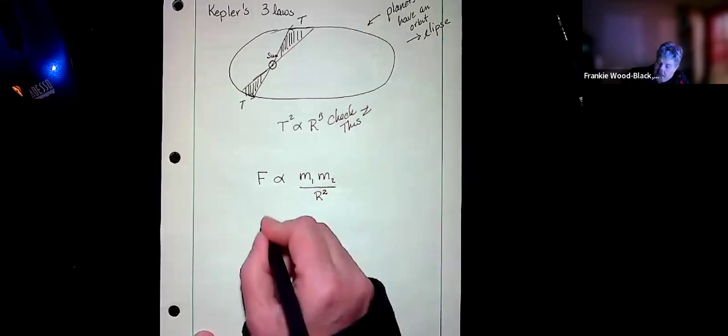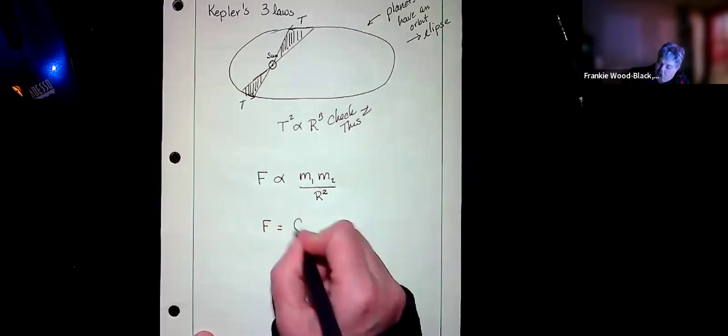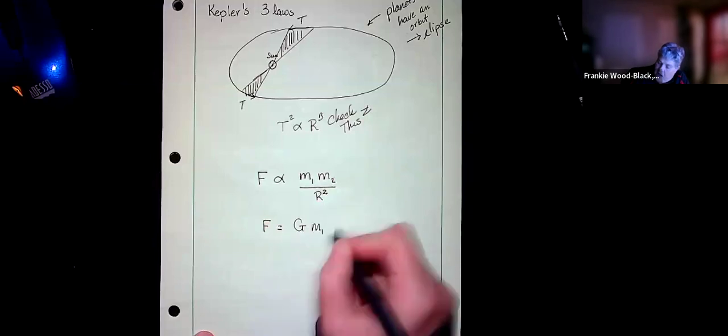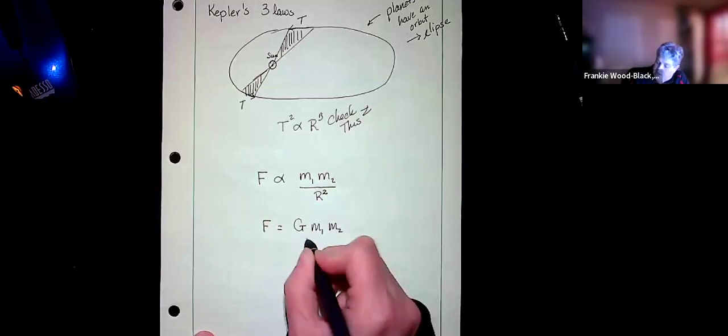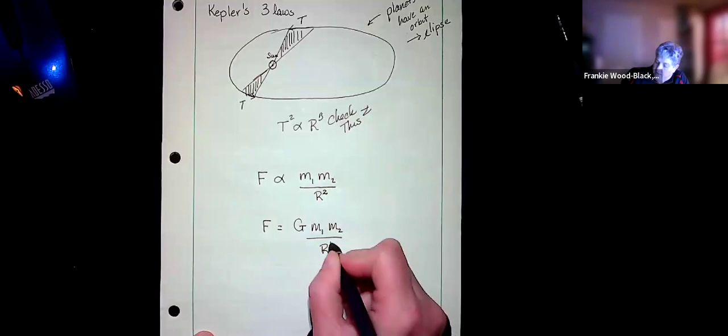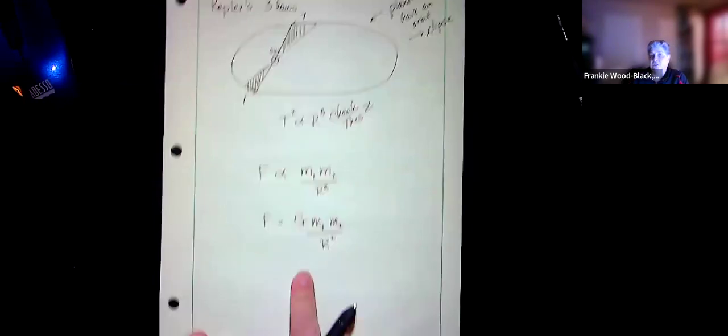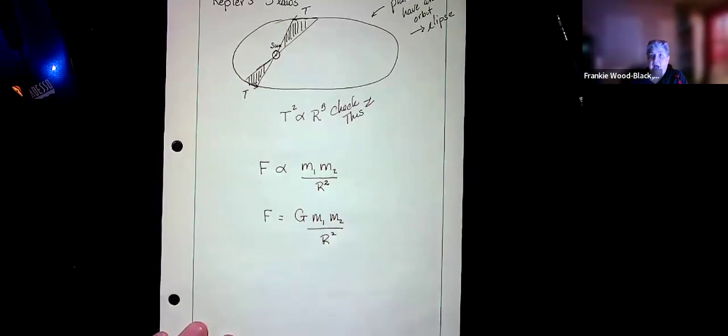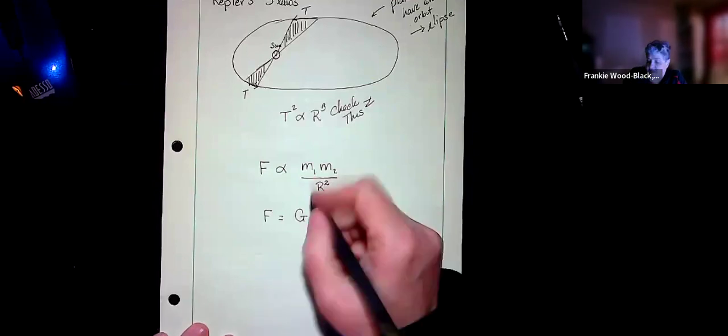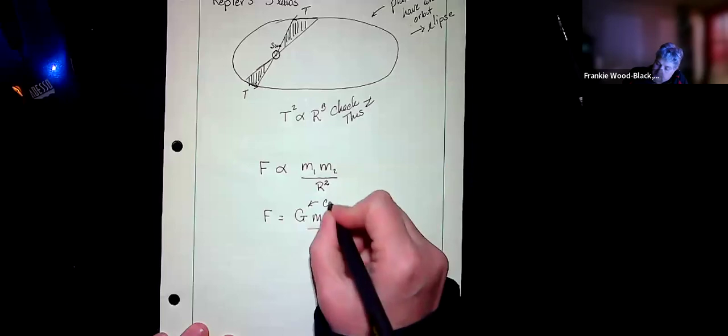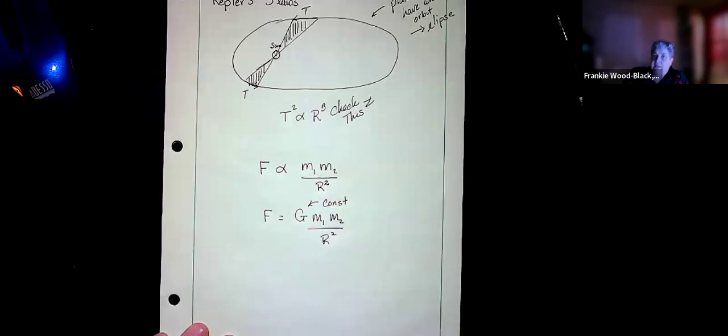And it turns out that becomes F equals G m1 m2 divided by r squared. And that's going to work for universal planetary bodies. But let's take a second here and think through this. G is a constant. We can measure it, and that's what the Cavendish experiment does.